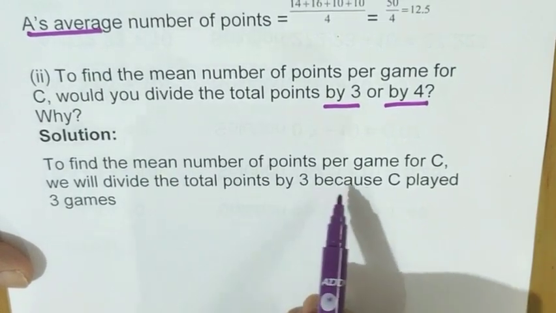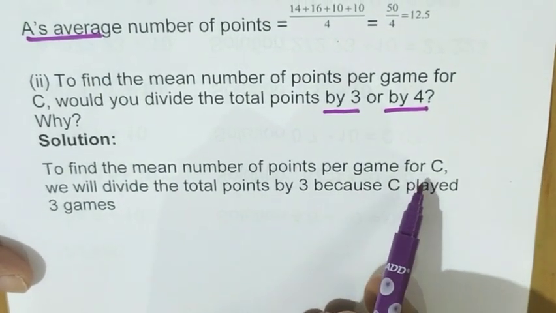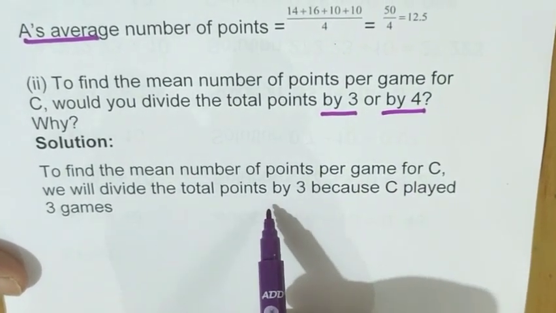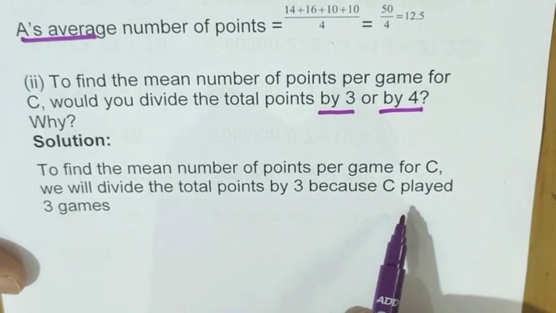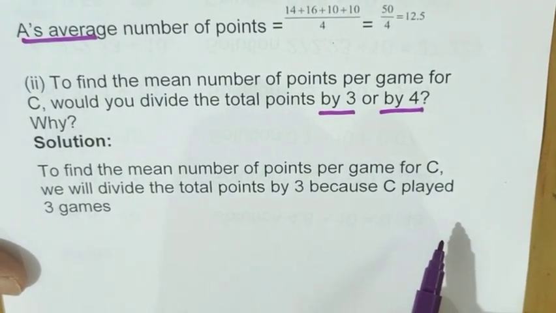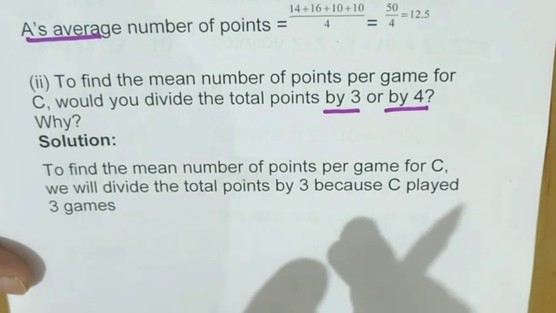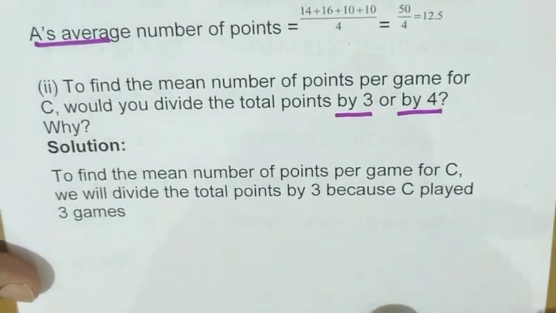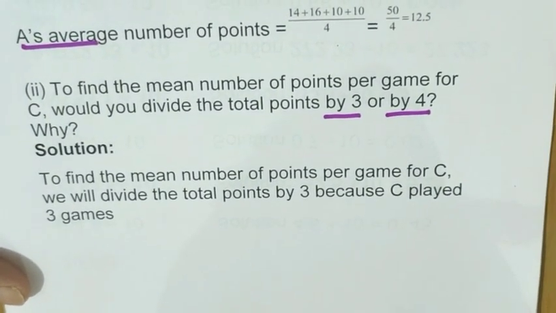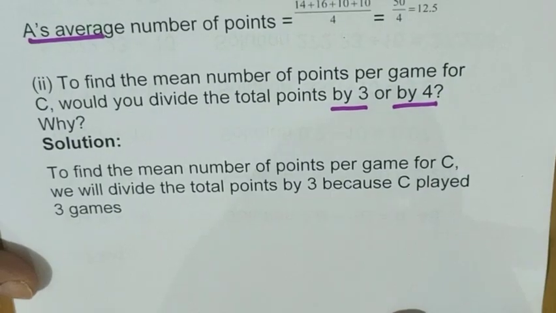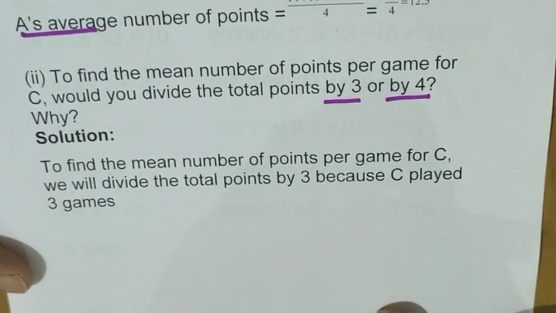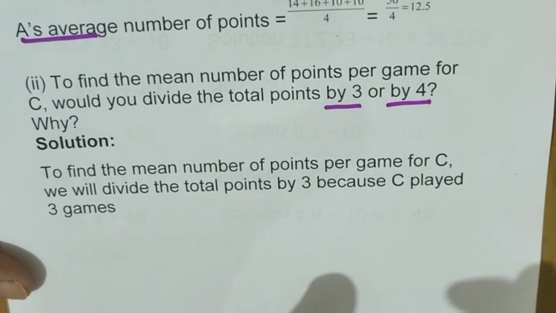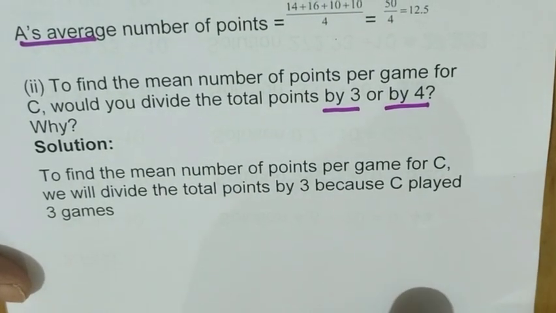To find the mean number of points per game for C, we will divide the total points by 3 because C played 3 games only. Understood? This is because it is for individual performance. We have to calculate only his performance, and we are not comparing with the others.